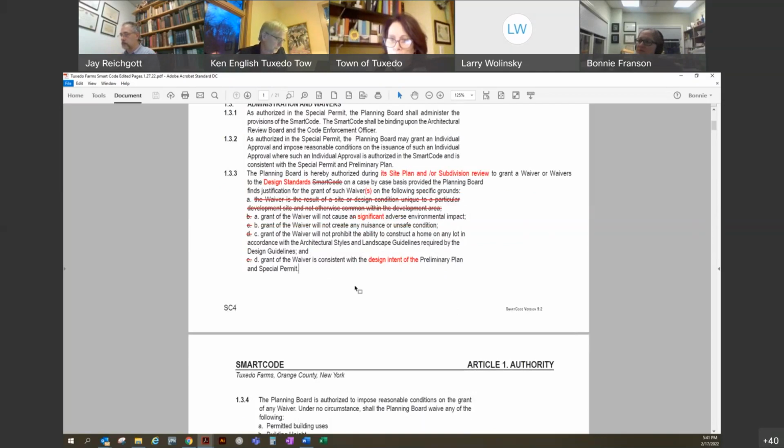And we wanted to make sure we didn't have the word significant in there because it wasn't intended as a SEQRA standard. It was intended as a standard that, for example, you don't create an offsite drainage issue for your neighbor by the grant of this waiver, or something like that.